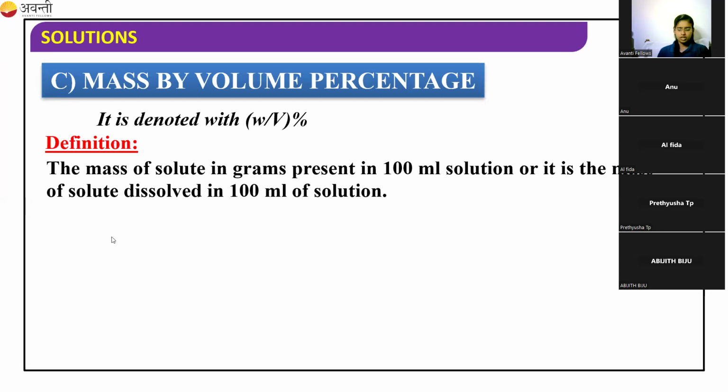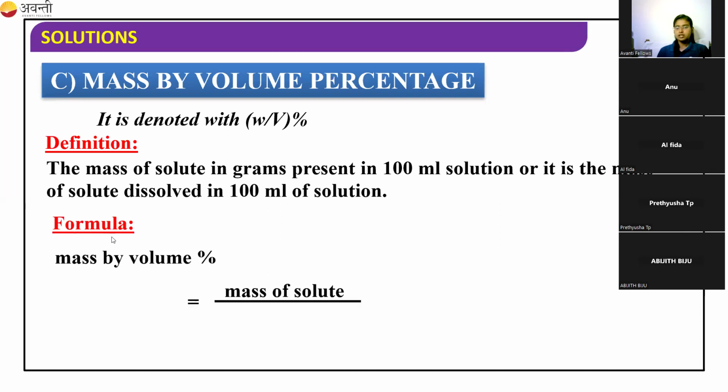Both are the same. The formula is mass of solute divided by volume of solution into 100. Take the numerator from the first formula and the denominator from the second formula and put 100 here, and you will get the third formula. Mass by volume percentage. Very easy. You don't have to get confused here.